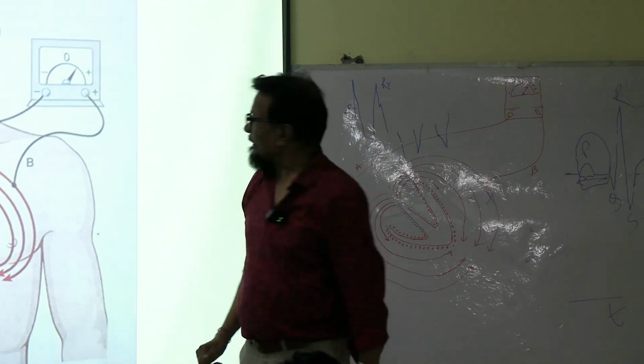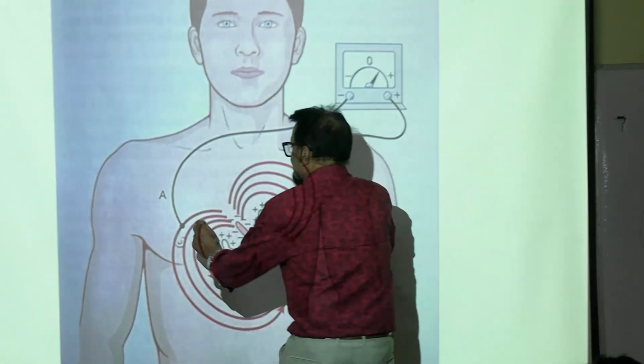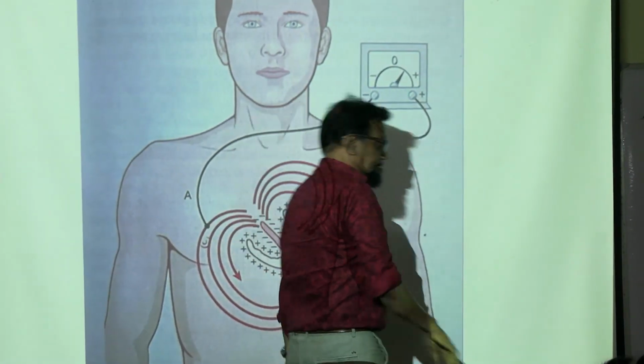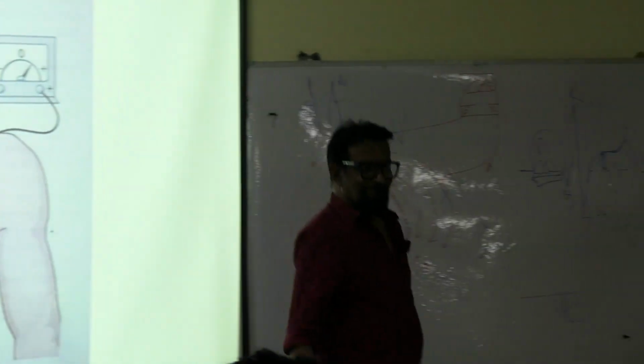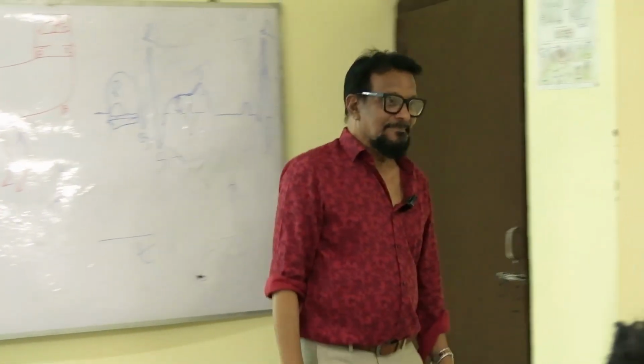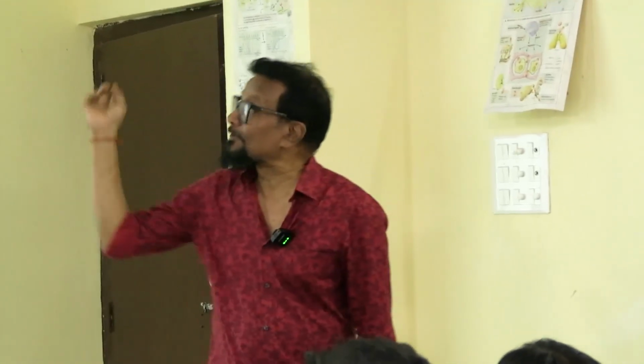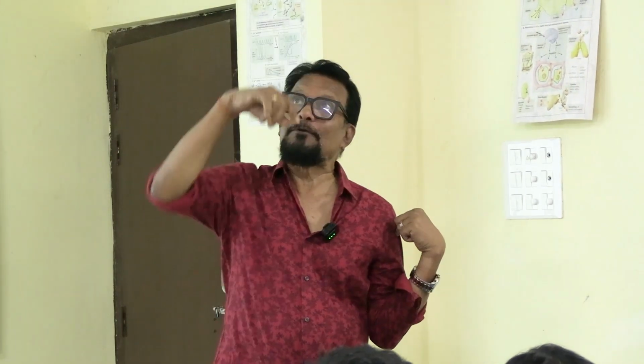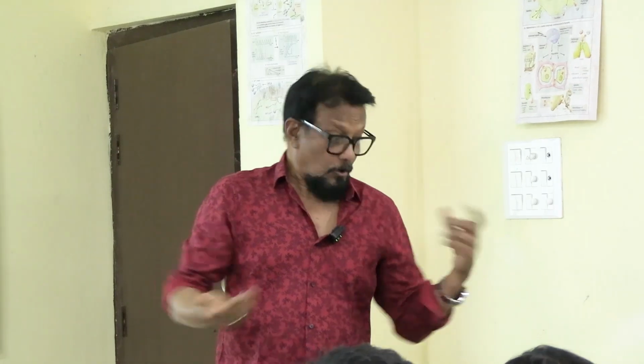Now tell me what will happen if I change this. The deflection will be just on the opposite side. That is the flow of current. If it is from this side to this side, then one kind of wave I will get, and from this side to this side, again it will be opposite. That's why some waves become positive, some waves negative.